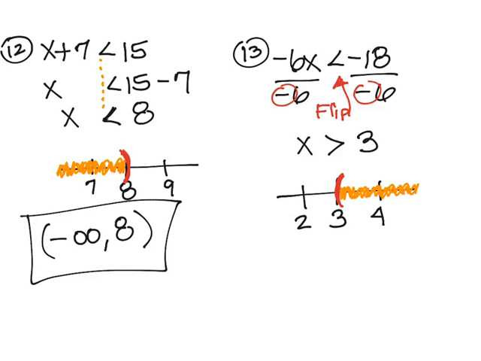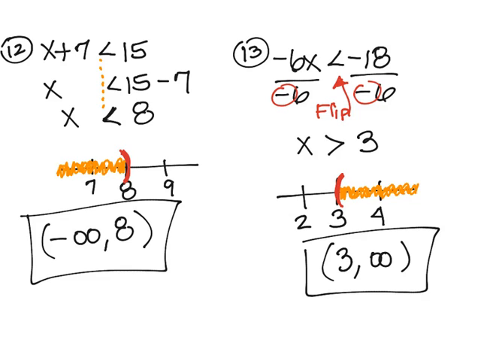So if you're writing the notation, this time your notation is going to start with what number? 3. And we're going to go to what? Positive infinity. Very good. Because it's everything bigger than 3. Does that make sense? And you're in parentheses. Very good.